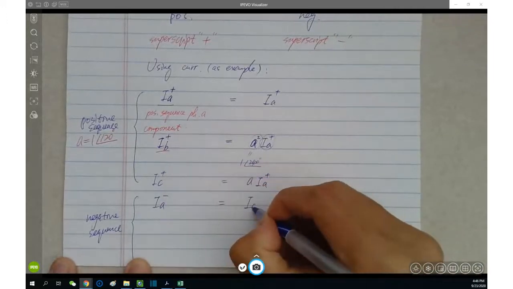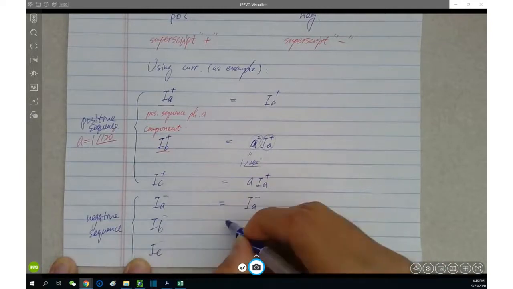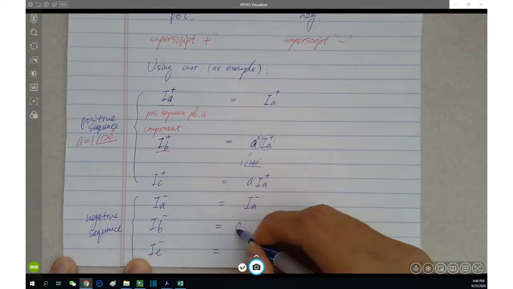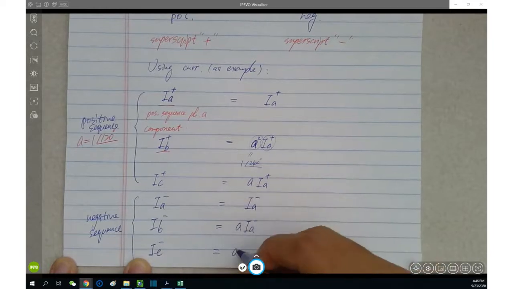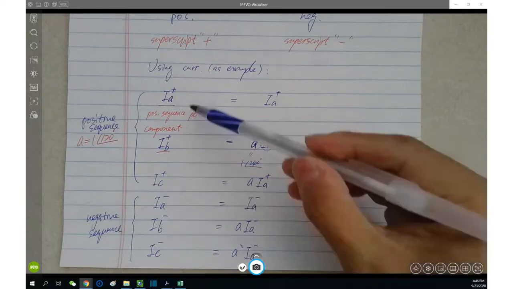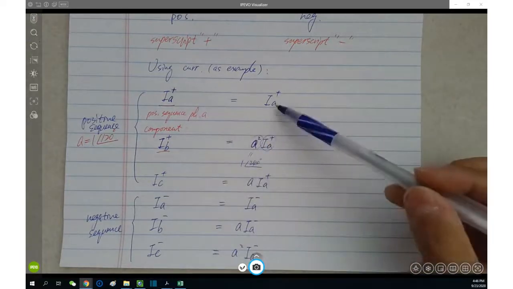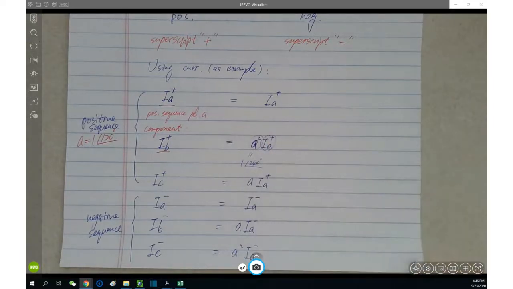IA minus itself. IB minus and IC minus respectively equal what? A squared IA minus and A IA minus. Does it make sense? We are trying to express all the sequence components in terms of phase A component in the same sequence.